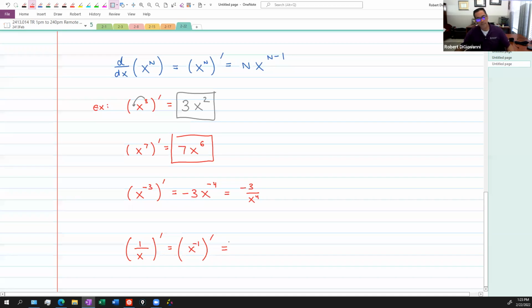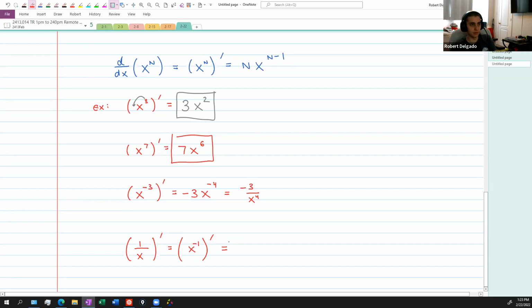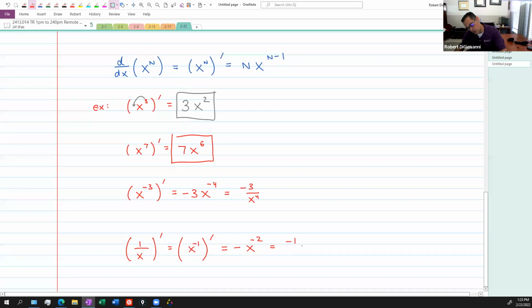So what would that be? Negative x to the negative 2, which could also be written as negative 1 over x squared. You like this? Isn't this better than using the limit?